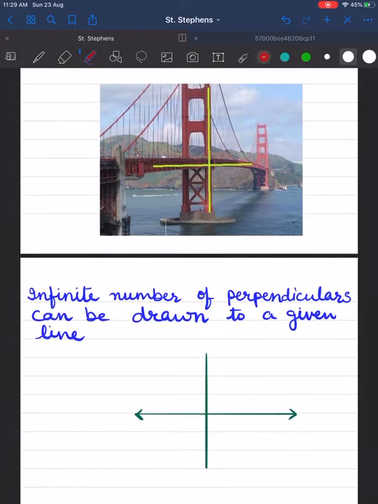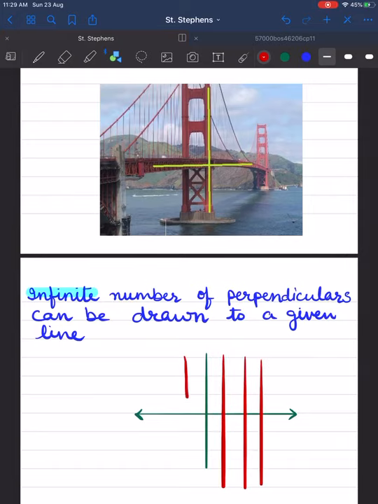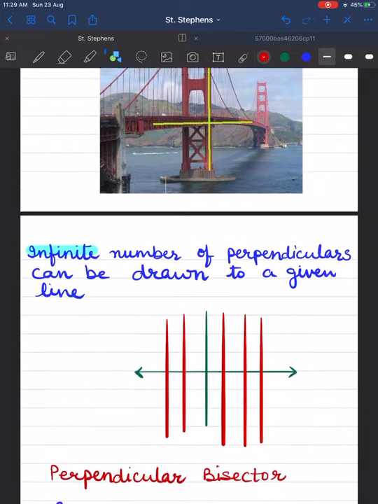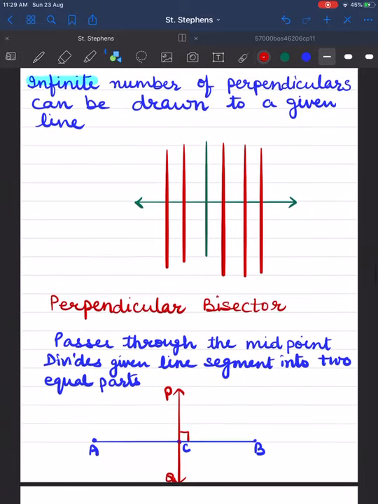Children, we can draw infinite number of perpendiculars to a given line. So here you can see I can draw infinite number of perpendicular to a given line.